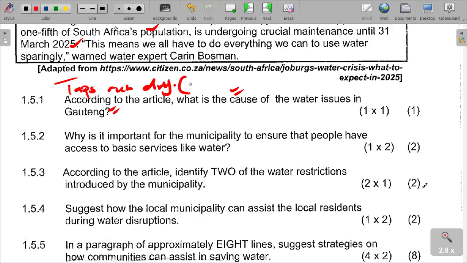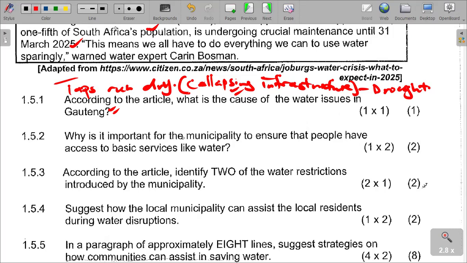We need to understand that we are talking about collapsing infrastructure. Collapsing infrastructure is the reason why the taps are running dry. The infrastructure is failing, and that is a problem. Also the issue of drought. There is no rainfall. Drought can also be one of the reasons.